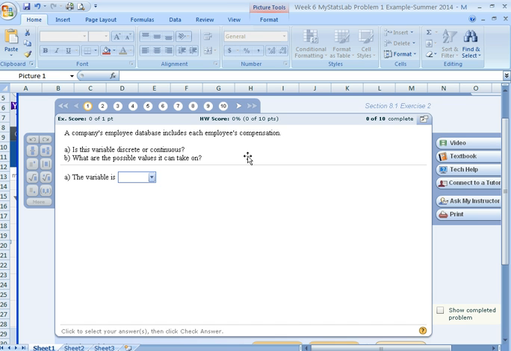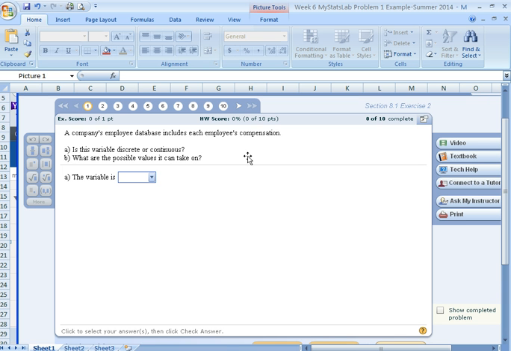And in your book, on page 216, near the bottom, there are some yellow highlighted areas that talk about discrete variables and continuous variables. And even in your book, it says that continuous random variables are common in business applications and monetary quantities such as profits, revenues, and spending. So I guess that sort of tells you what the answer to part A is.